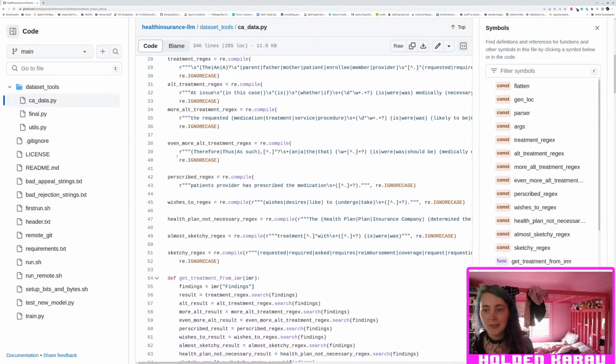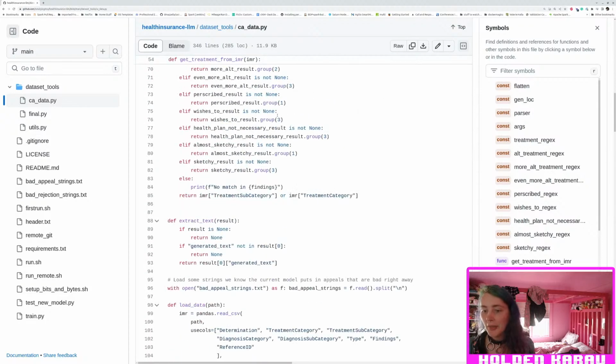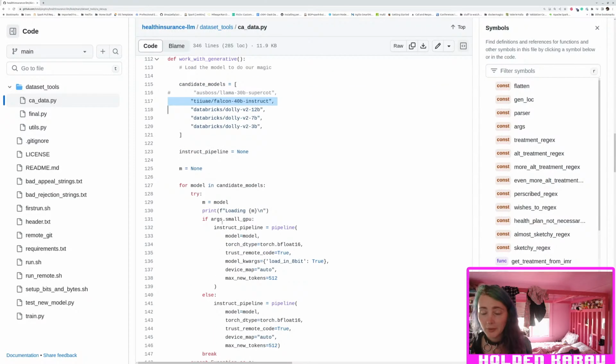We do a little bit of data cleaning, try and extract what the decision was about, and then we go ahead and we use Dolly. I do want to use Falcon. It doesn't work with Falcon just yet because of memory issues, as mentioned.